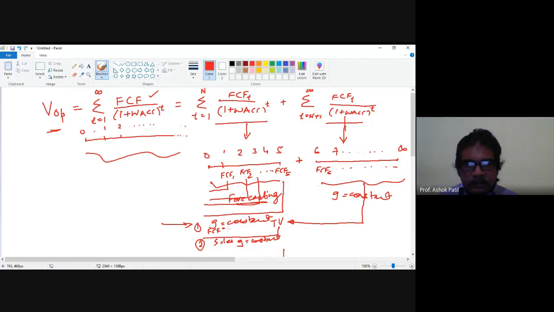Alternatively, instead of forecasting the FCFs directly, I can forecast the sales and calculate growth rate of sales and use that entire equation to calculate FCF. So from the sales, I will calculate the FCF, not from past FCFs. So I hope you understand the distinction made between these two.